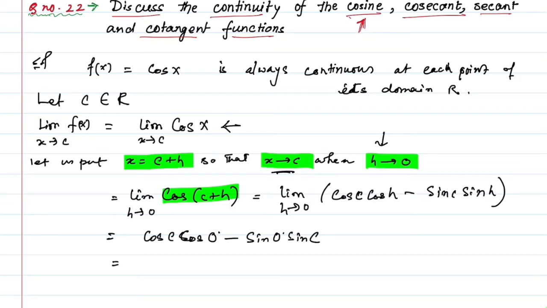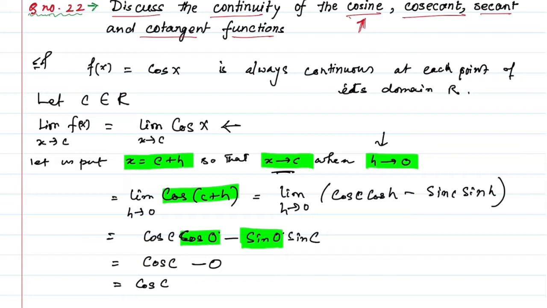We know cos 0 is 1, so cos c into 1 is cos c, and sin 0 is 0, and 0 into anything is 0. That's going to be cos c.